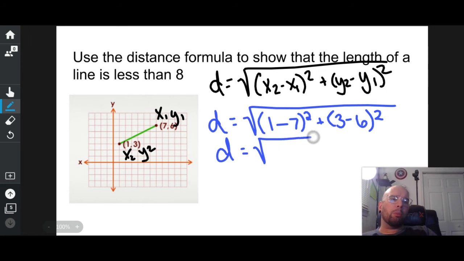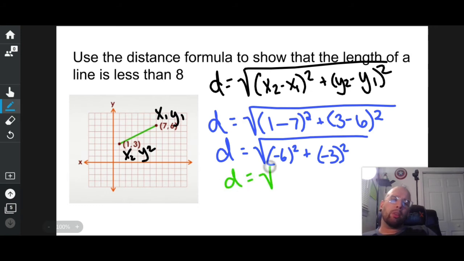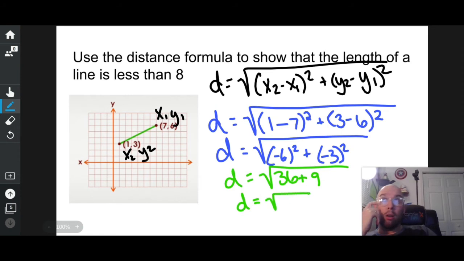D equals the big square root of 1 minus 7, which is negative 6, squared, plus 3 minus 6, which is negative 3 squared. Negative 6 squared in parentheses is 36, 3 squared in parentheses is 9. D equals the square root of 45.